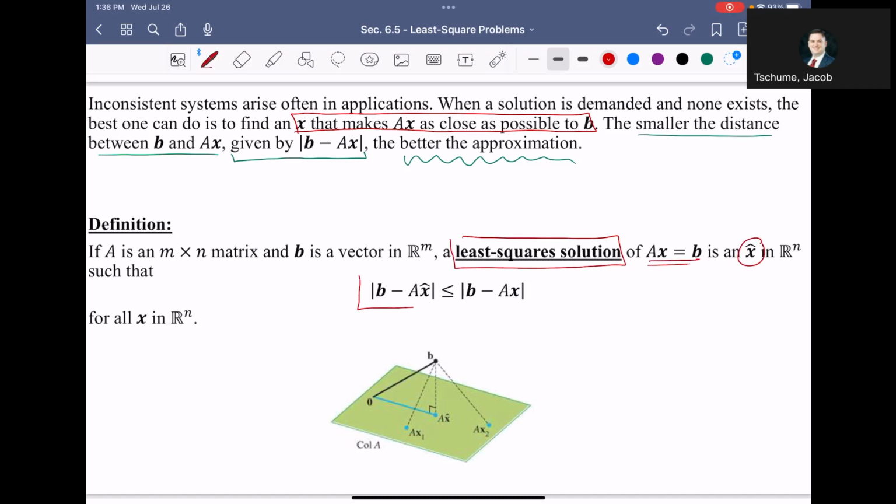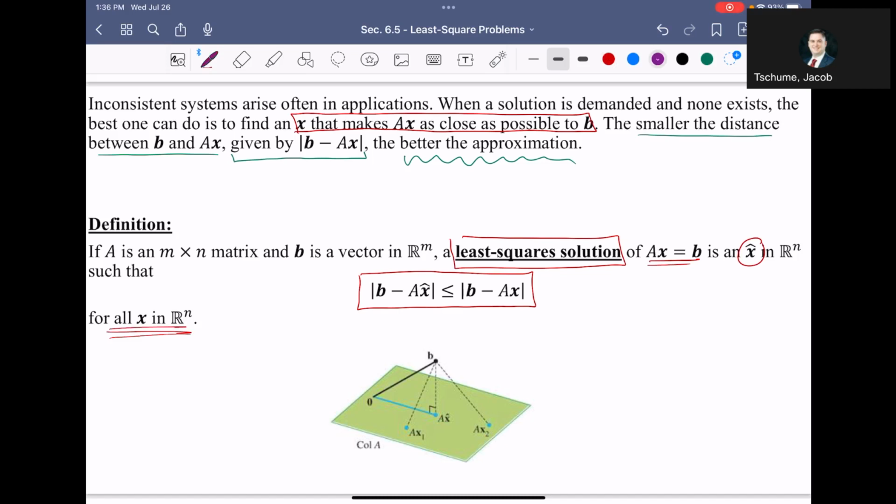If we were to find the magnitude of vector b minus vector A x hat, it will always be less than or equal to the magnitude of the vector b minus A times x for every other x in the nth dimension.